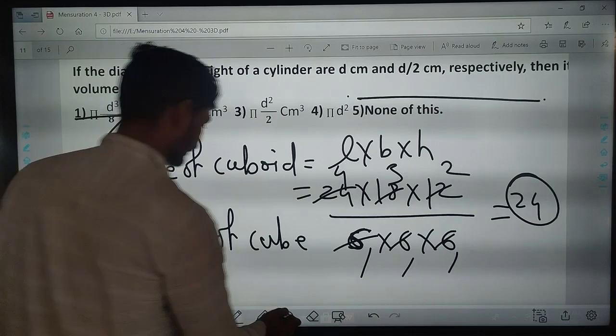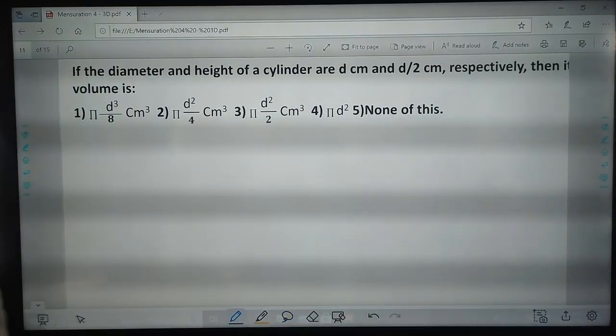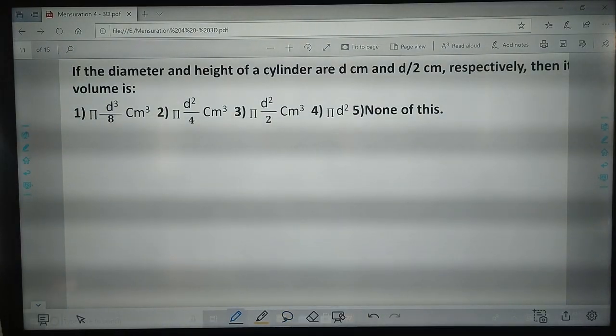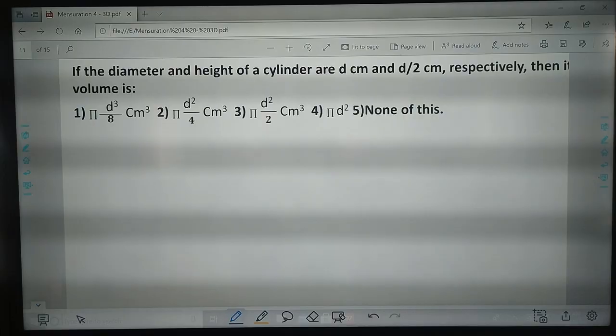Now next. If the diameter and height of a cylinder are d centimeter and d by 2 centimeter respectively, then what is its volume?